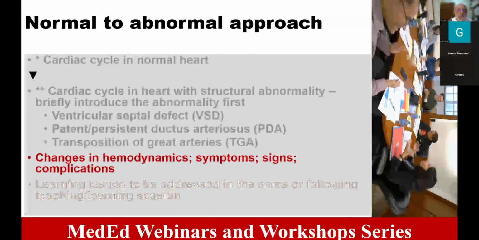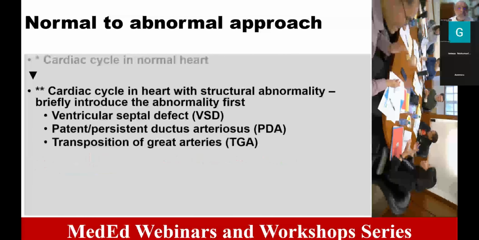So now you see that in the first session, which is normal, we learn the normal cardiac cycle. The second is abnormal, where we give a situation with abnormality in the heart. And now we give students an opportunity to apply their knowledge of cardiac cycle in a patient with VSD.